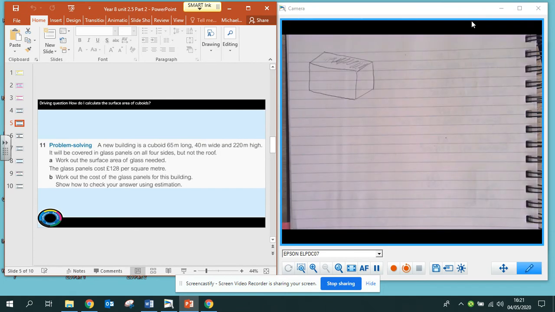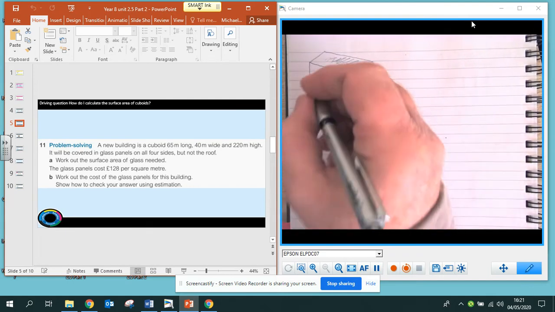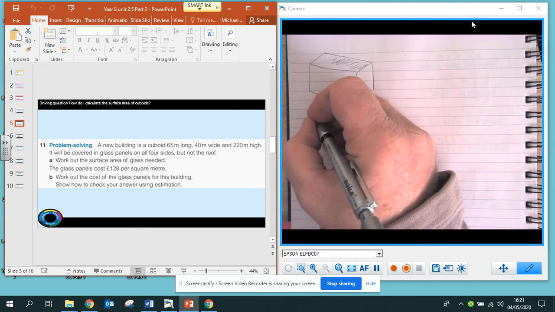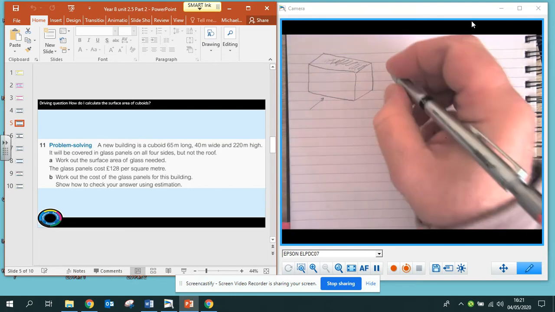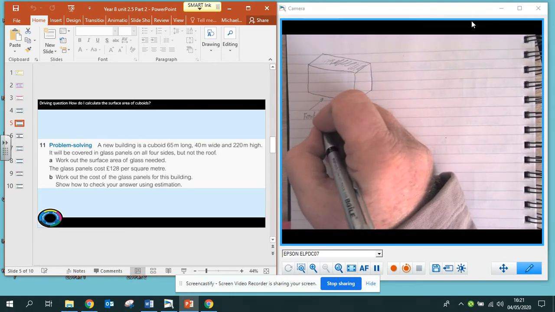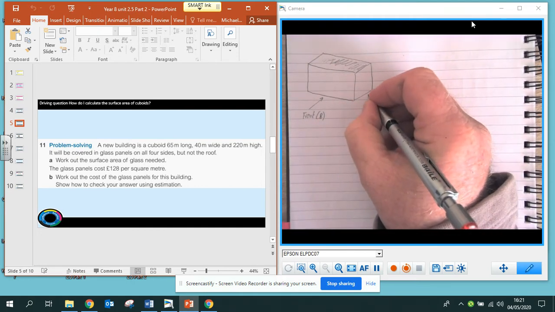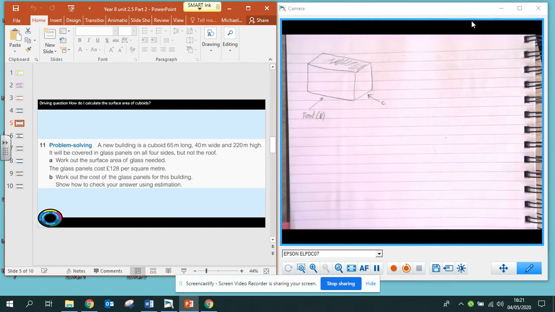But I do need to know about these 2 sides. So this is going to be my front elevation. This is going to be my side elevation. So I'm going to call this one B. I'm going to call this one C. Now, let's have a look at the information that we've got.